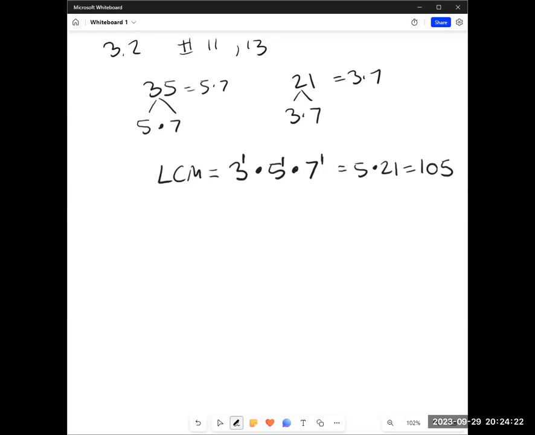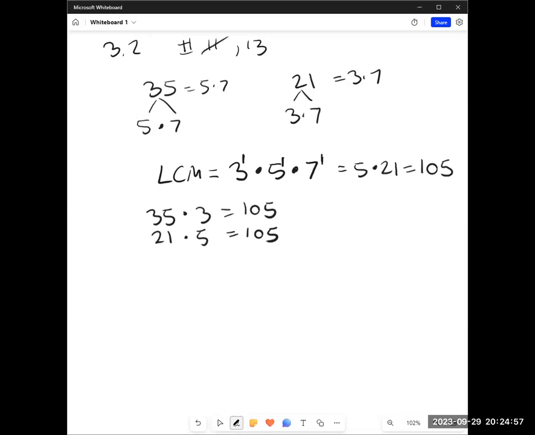So that 105 comes from 35 times 3 is 105, and 21 times 5 is 105, just if you want to double check, and that is the first multiple of 35 that is also a multiple of 21.